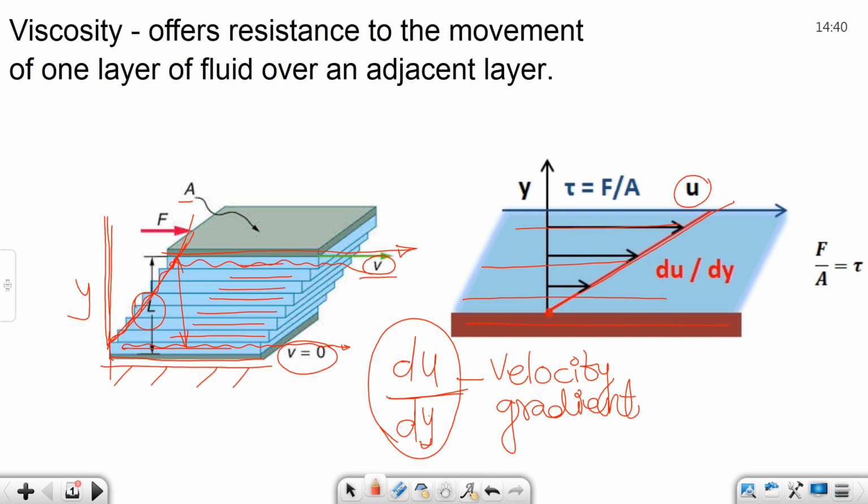So the change in velocity du across this oil film thickness y, this du by dy, I can say is the velocity gradient. And as we know, F is the shear force exerted on the fluid layer, and A is the area. So tau is shear stress.